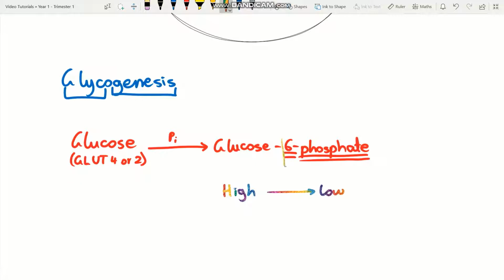That's why we phosphorylate it. This phosphorylation allows for a concentration gradient to be maintained into the cell, because as the glucose molecules enter the cell, they are disappearing, in quotations, because we're just converting them to a different molecule.